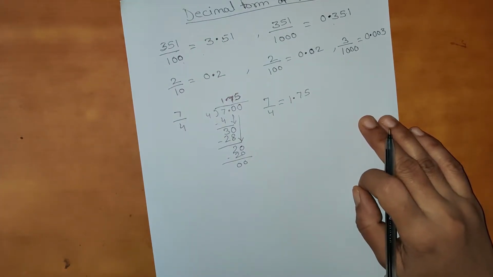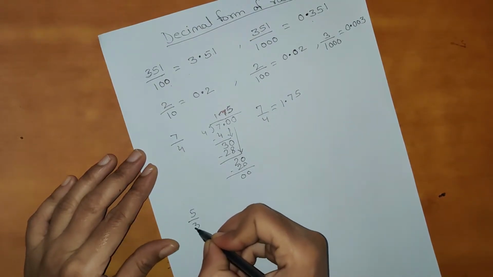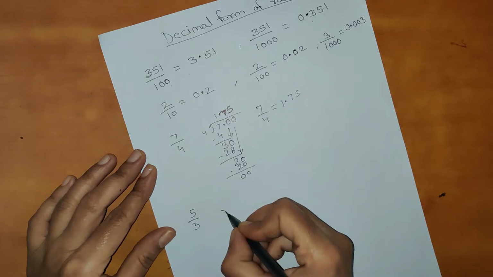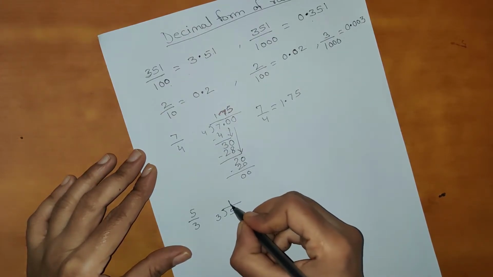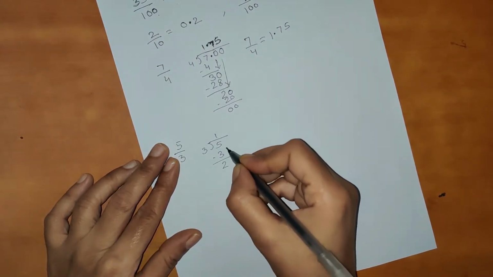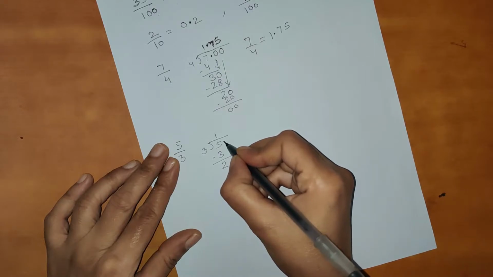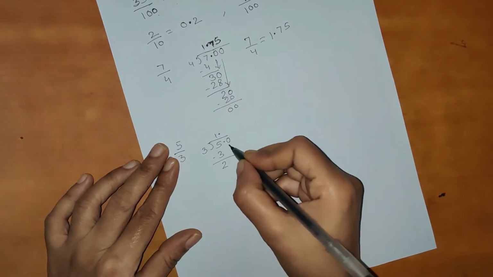For example, I am taking the next number, 5 divided by 3. So we will do this 5 divided by 3. 3 ones are 3. We got the remainder 2. So here we will put 2, point, and I will put a 0 here, and here also a point.